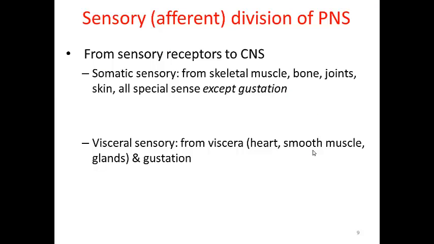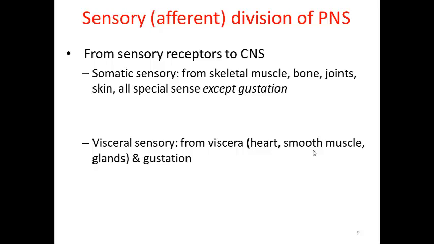So let's first take a look at the sensory or afferent division of the peripheral nervous system. We have the two subdivisions, somatic sensory and visceral sensory. The somatic sensory division is going to carry signals away from things that are of the body but not the guts. So this is going to be involved with skeletal muscle, bone, joints, skin, and all the special sense organs except gustation.